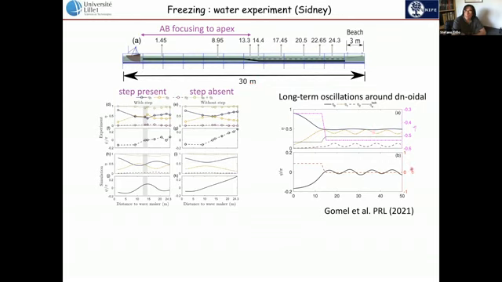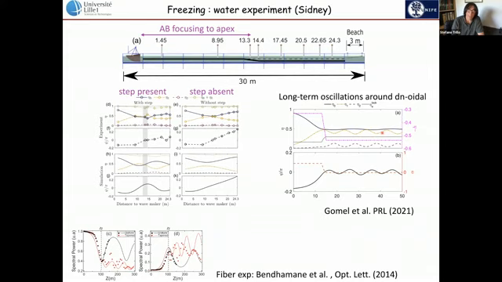If you do a simulation up to 50 meters, in this case, you can see that there are oscillations. And these oscillations are, of course, due to the fact that the matching is not perfect. I mean, you can never perfectly match between an Akhmediev breather and a cnoidal wave, but still you can freeze.